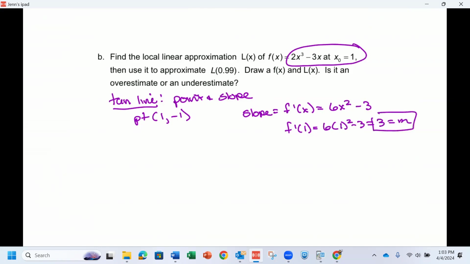Questions on how I found my point or how I found my slope? So now I have my point. Now I have my slope. I can write the equation of my tangent line. So I have y minus negative 1, or y plus 1, is equal to 3 times x minus 1.